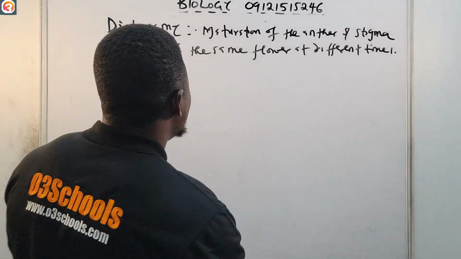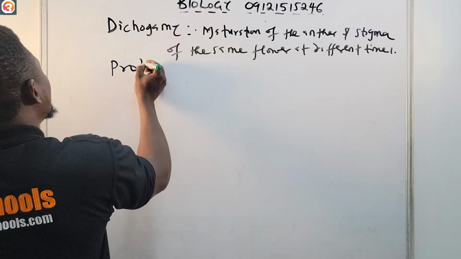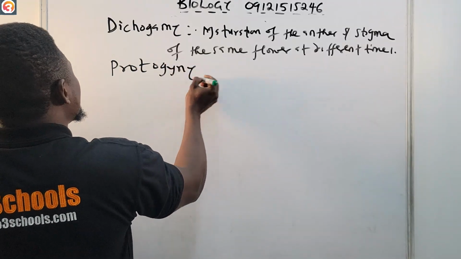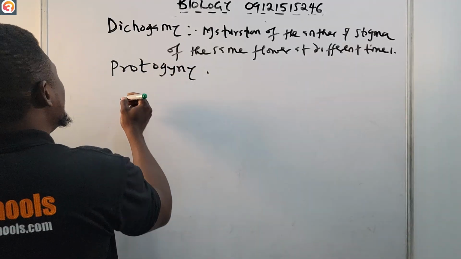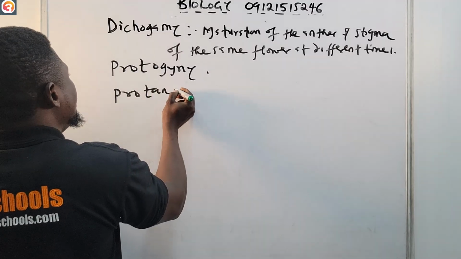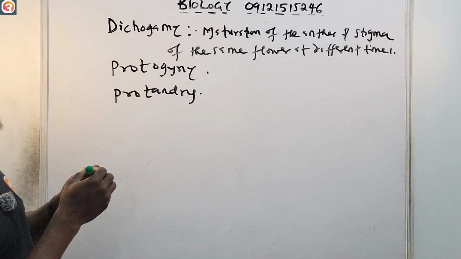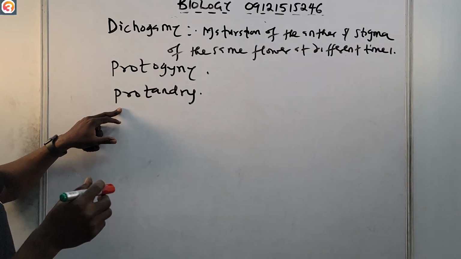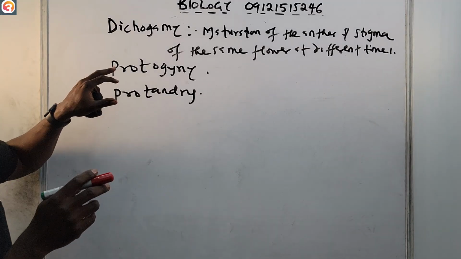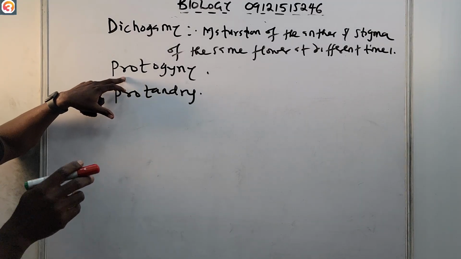There are two types. We have the one we call protogeny, then we also have the one we call protandry. So dichogamy is of two types: protogeny and protandry. What happens in protogeny?